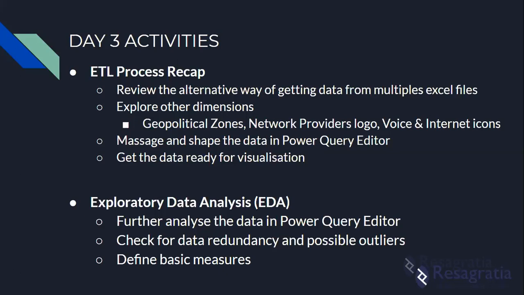Also we massage and shape the data in Power Query Editor just to get it ready for visualization. And if time permits, we're also going to further analyze the data in Power Query Editor: exploratory data analysis, check for data redundancy and get rid of it, check for outliers and get rid of them, and take the data to the Power BI dashboard.